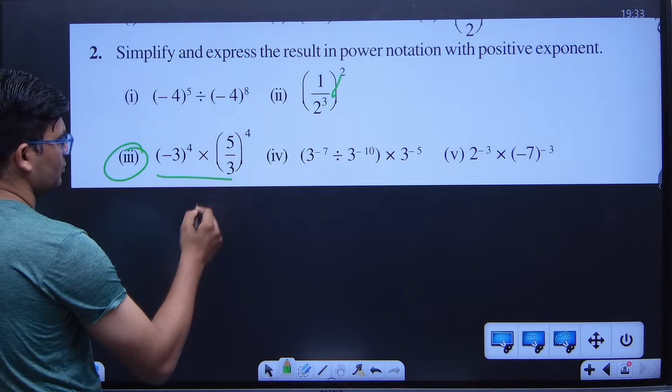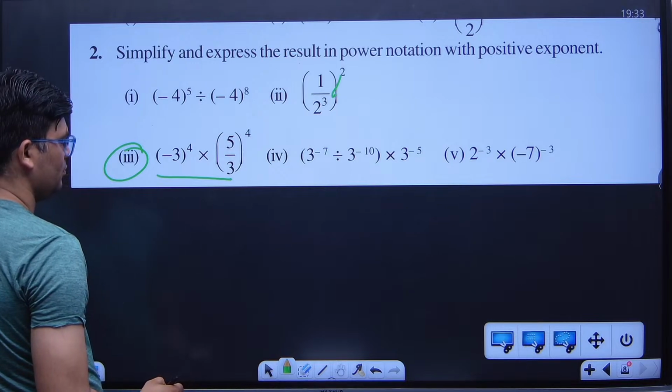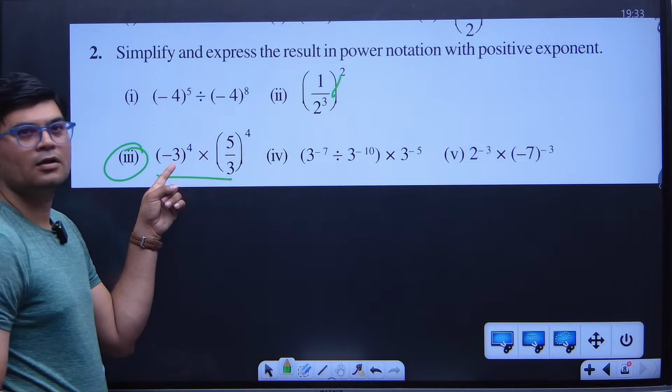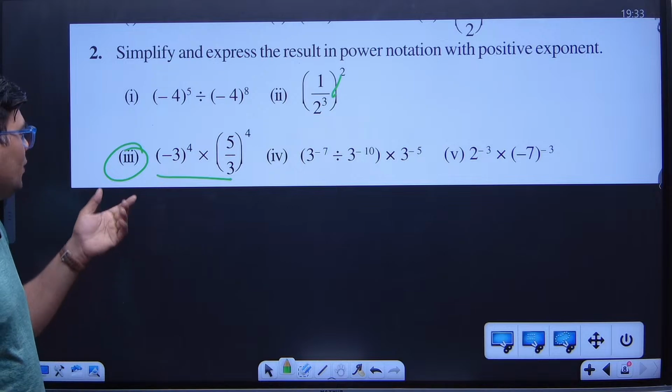Will it be like 1 by 3 to the power 4 into 5 to the power 4?